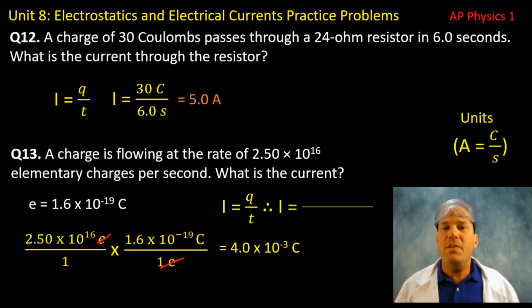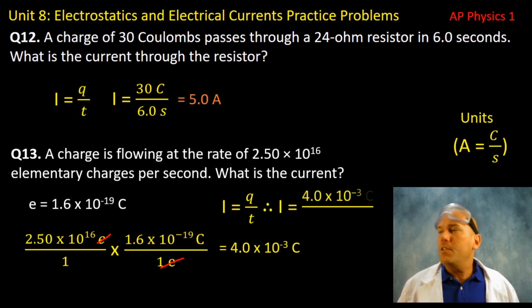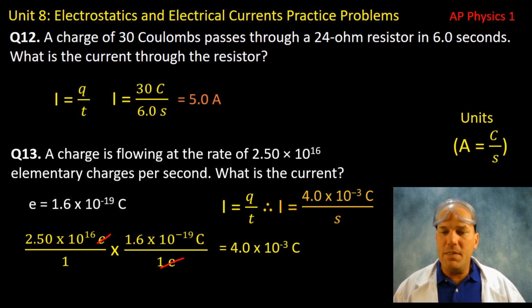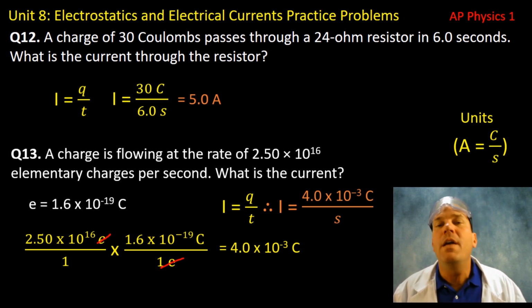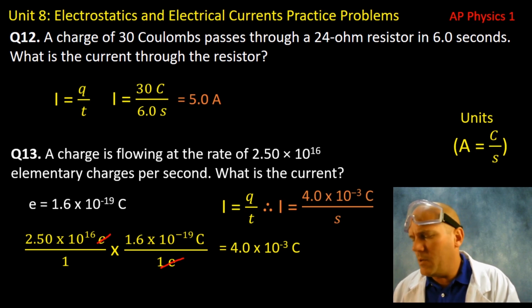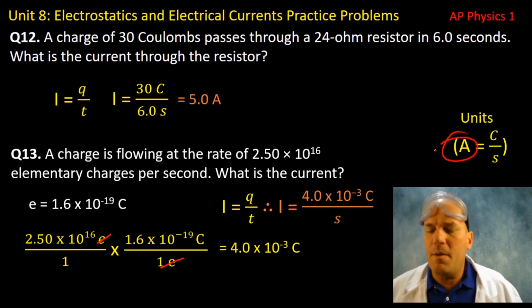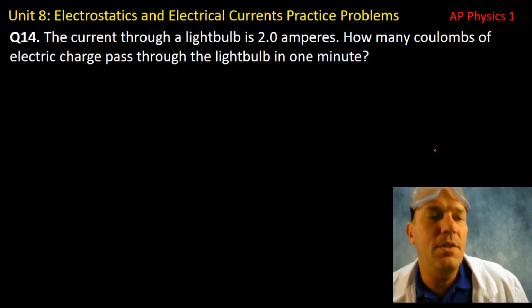So the answer, therefore, is our charge divided by 1 second. So our final answer is the current is going to be 4.0 times 10 to the negative third coulombs over second. Well, coulombs over second, amperes. So amps would be our units here.